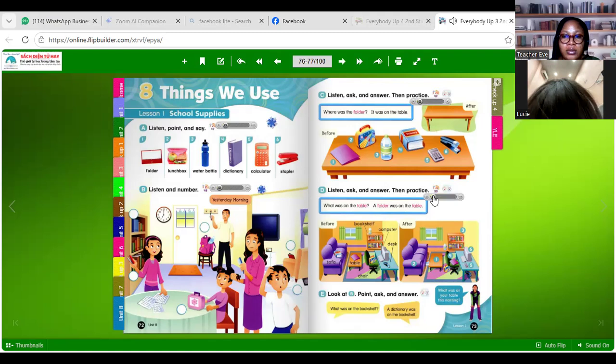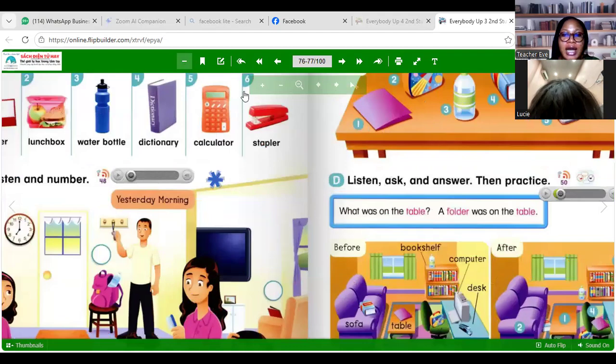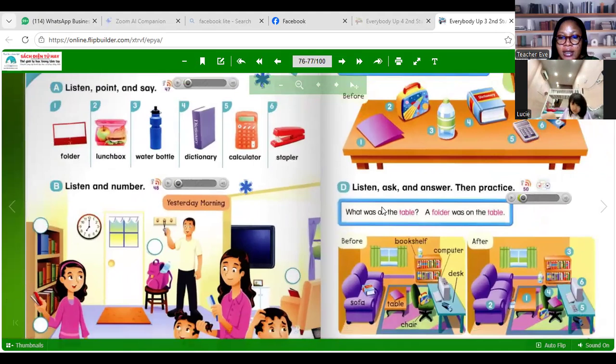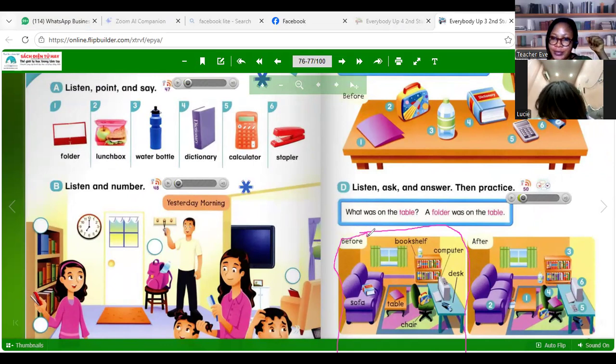Page 73. D. Okay, that is all for the audio. So now we are going to practice. Okay, good. So now I'm going to ask you the question. Remember, the first picture is before.